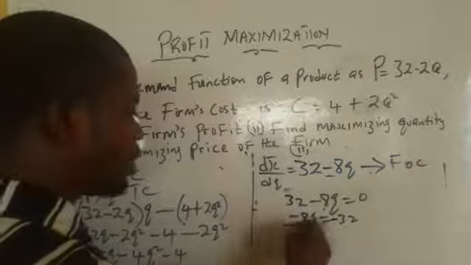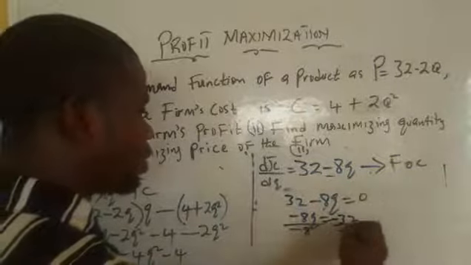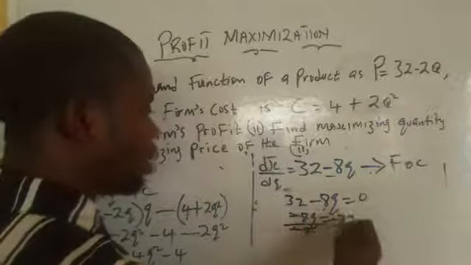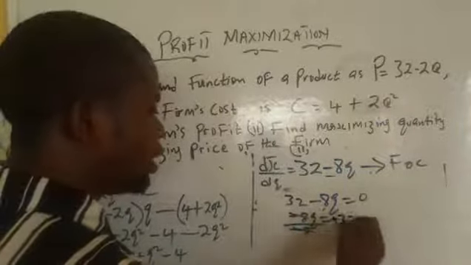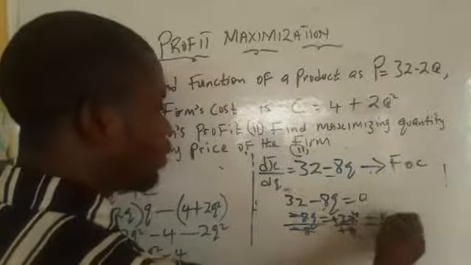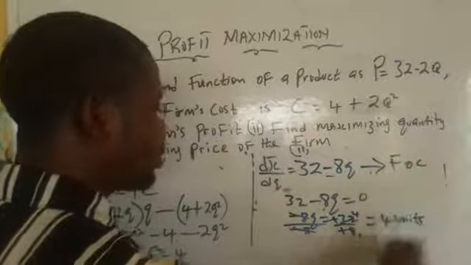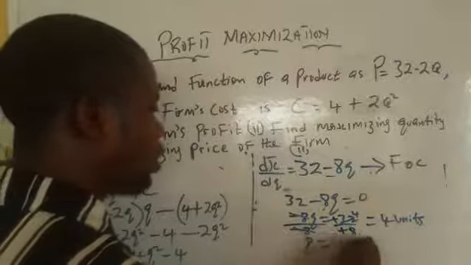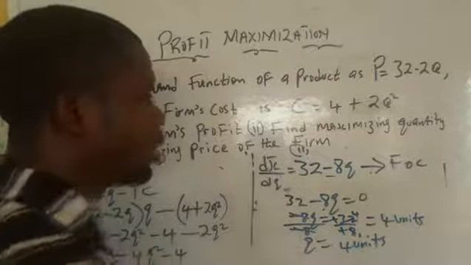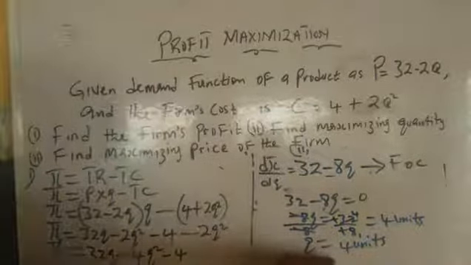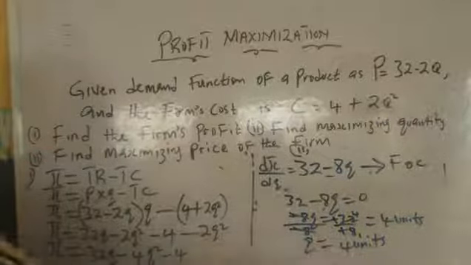So we divide this out by minus 8, minus 8, minus 8. The minus cancels, and 8 into 8 gives 4. So our Q is going to be 4 units. Q equals 4 units. So the maximizing quantity is 4 units.